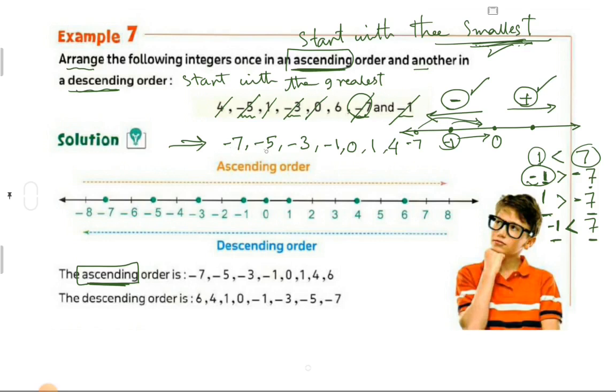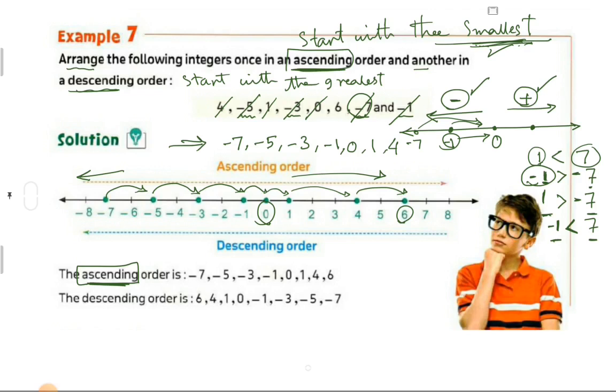Negative 5, negative 3, negative 1, 0. Look: negative 7, negative 5, negative 3, negative 1, 0, 1, 4, 6. The smallest one is so far to the left side of 0, and the biggest one is so far to the right of 0.